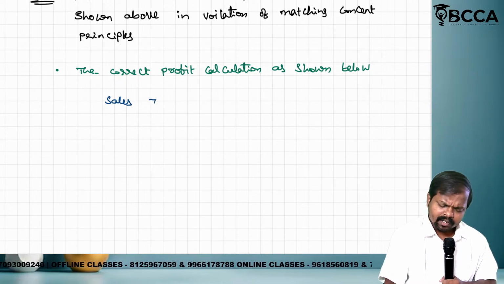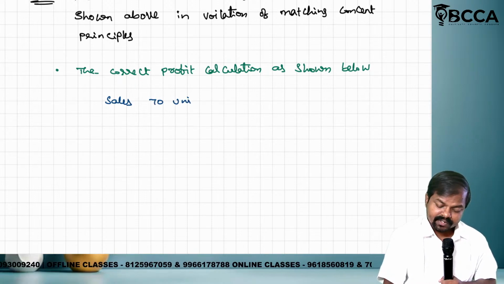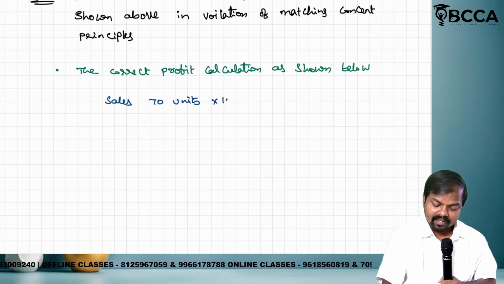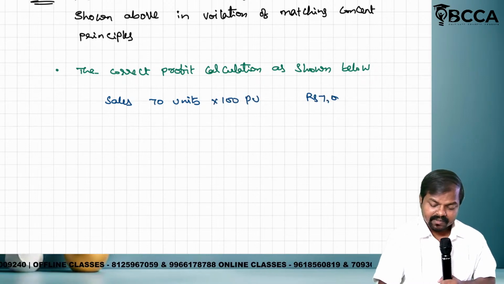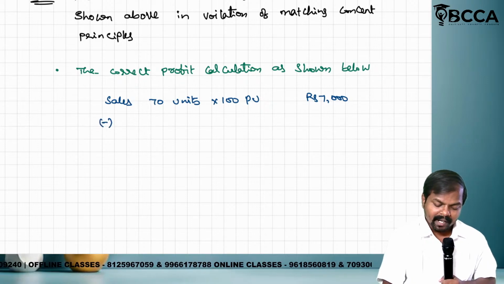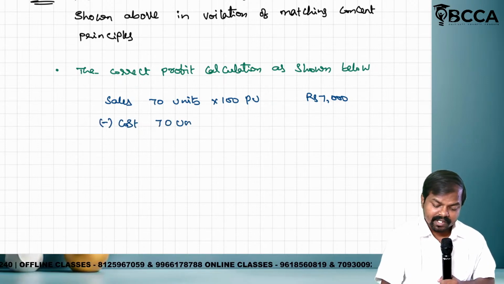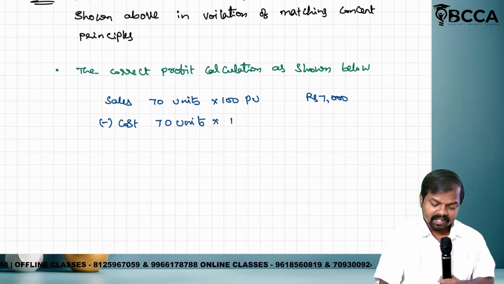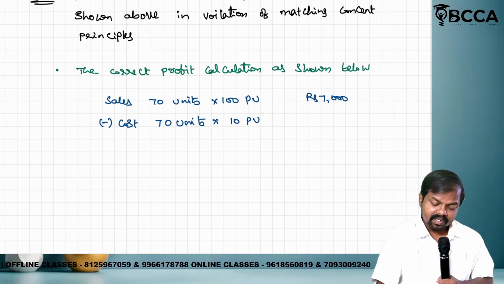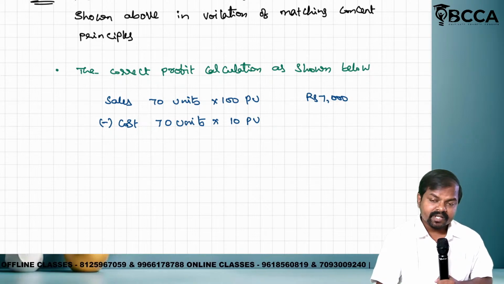Come on, 70 units at the rate of 100 rupees per unit. What is the revenue? 7,000 minus cost. How many units? 70 units. What is the cost? 10 rupees per unit. How much? Come on, please check it.